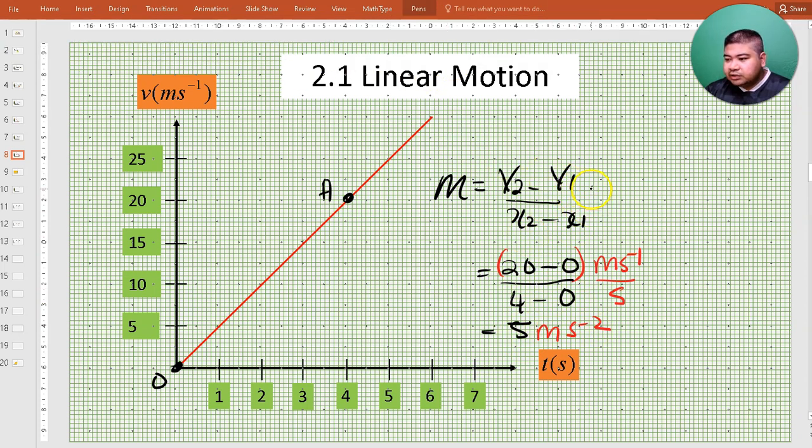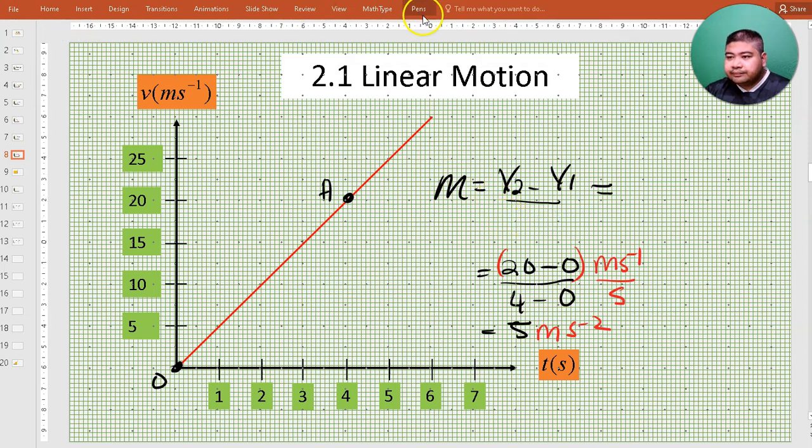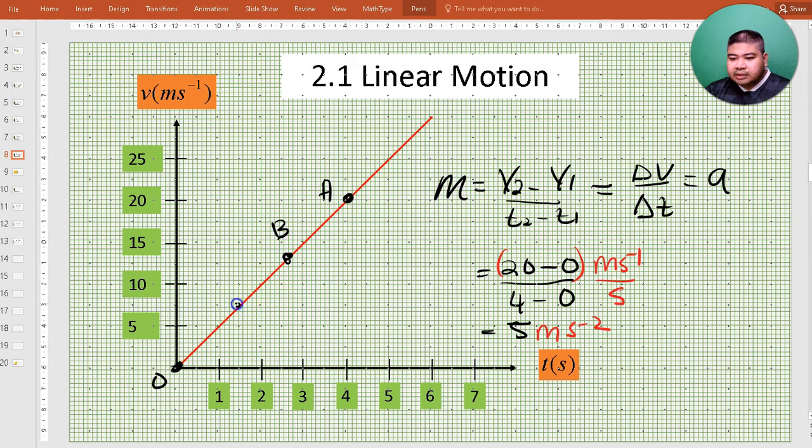So the equation here at the top, v2 minus v1 over x2 minus x1, sorry, t2 minus t1. It is actually t2 minus t1. So this equation can be written as delta v over delta t. This is actually the equation for the acceleration. Let's say we pick a different point on the line, point B, point C, and point D. Every point on the line will have the same gradient or the same acceleration.